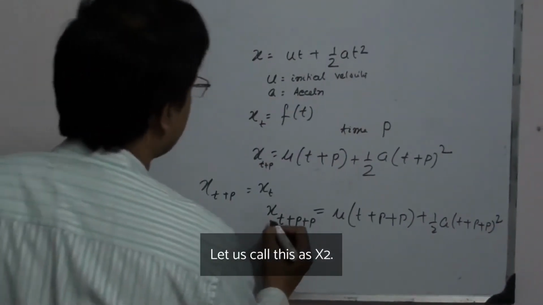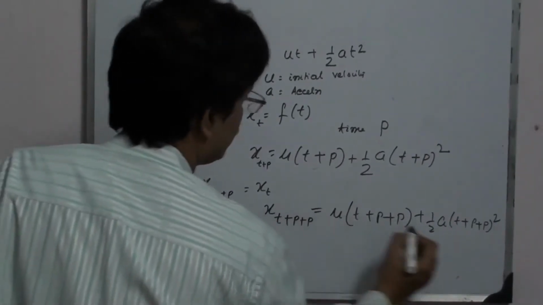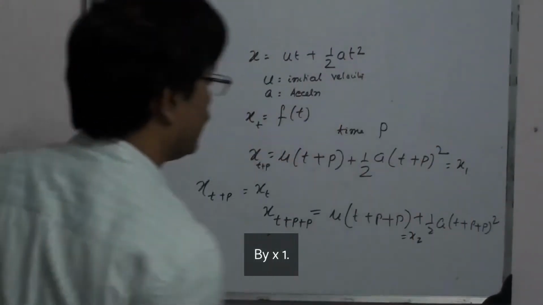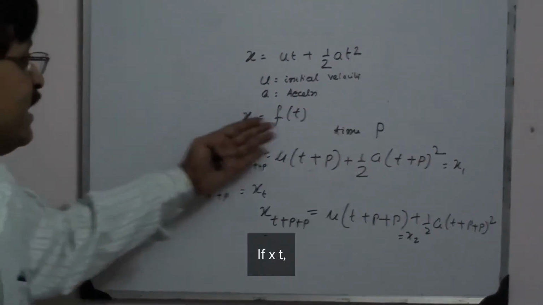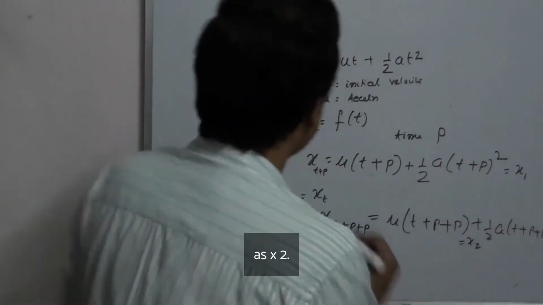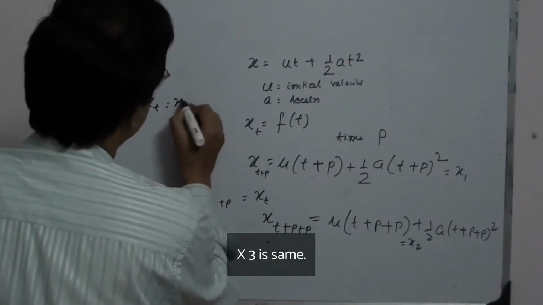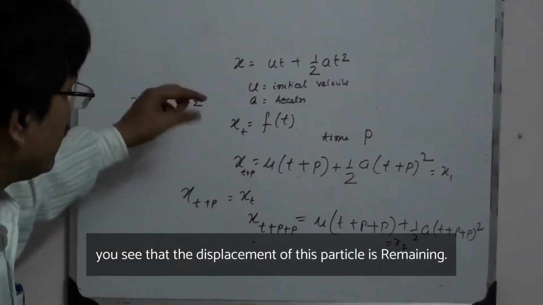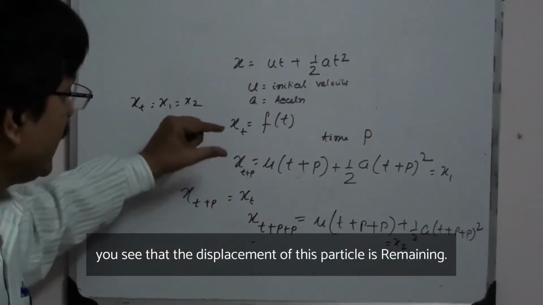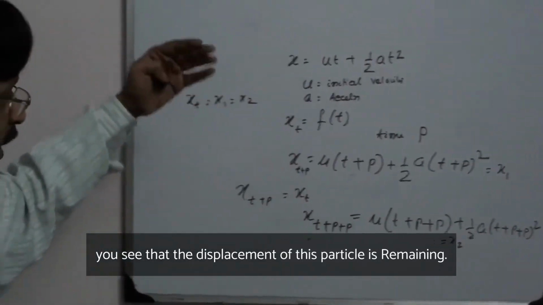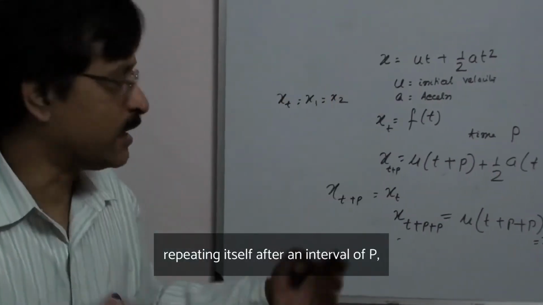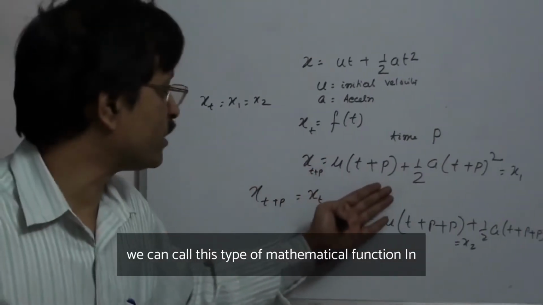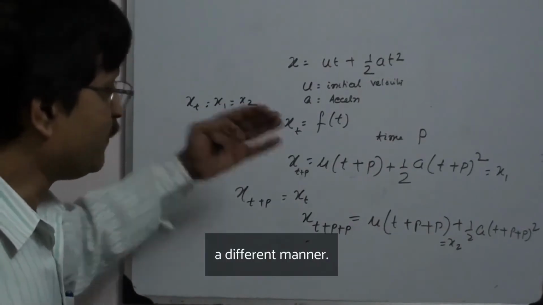Let us call this x2 and let us call the earlier expression x1. If x(t) is the same as x1 is the same as x2, what do you see? You see that the displacement of this particle is remaining the same and in fact repeating itself after an interval of p. We can call this type of mathematical function in a different manner.